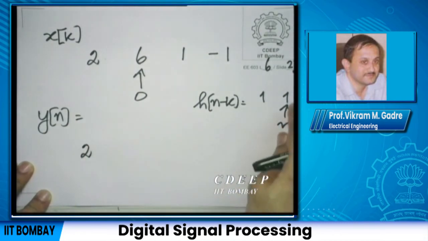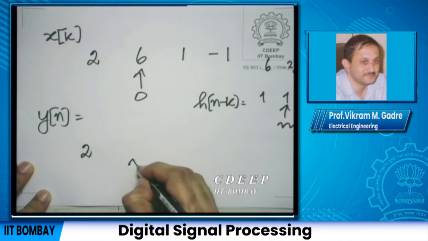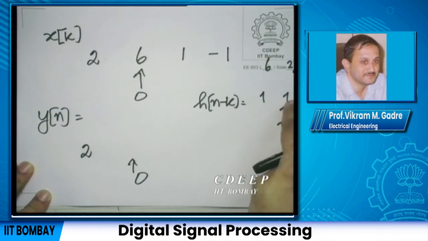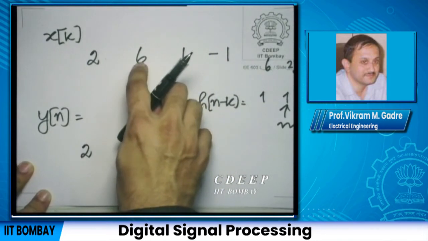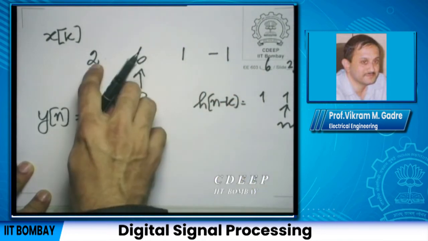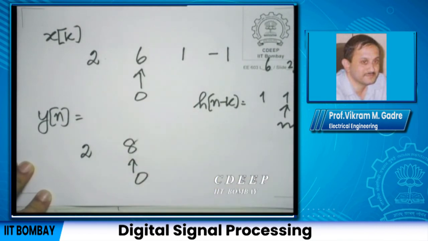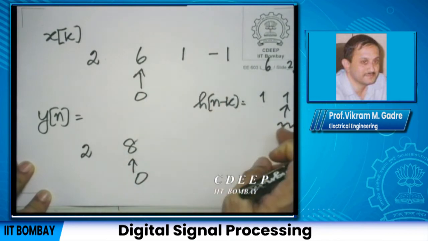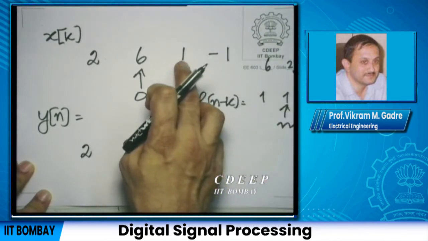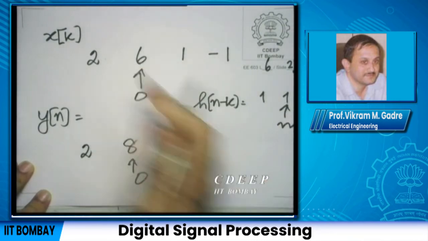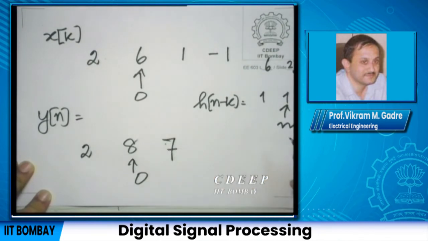On the other hand, when n is 0, then this 1 clashes with a 6 and this one clashes with a 2, and therefore you have 6 plus 2, that is 8. Similarly, when n is 1, you have this one colliding with this one and this one with this 6. So, you have 7 there.